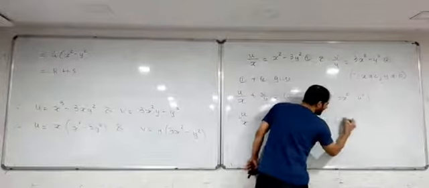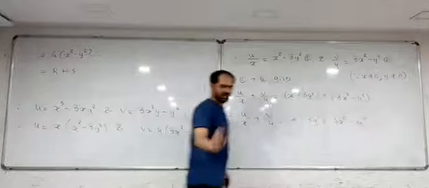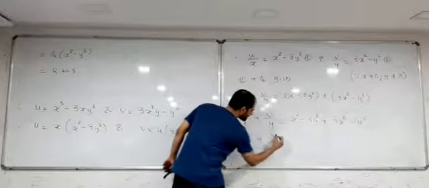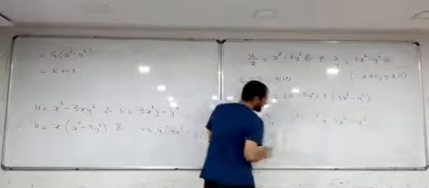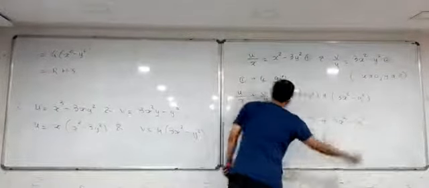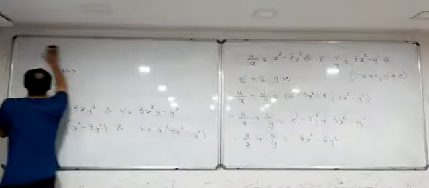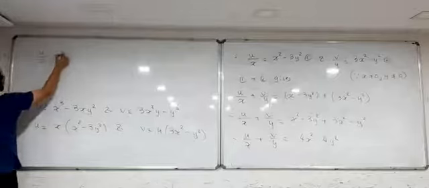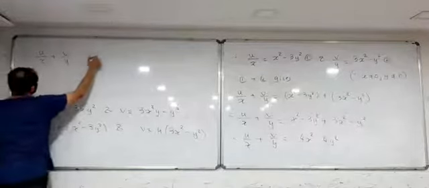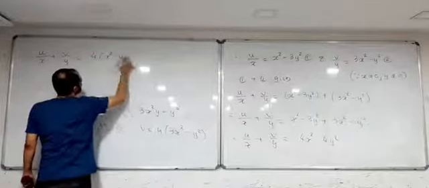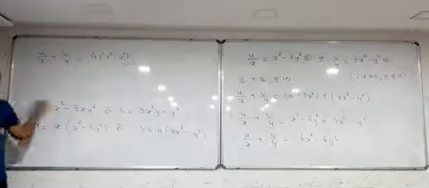But if you write the way I wrote earlier, the teacher will give you, okay, that is also correct. x square plus 3x square is 4x square minus 4y square. So u by x plus v by y is 4 times x square minus y square. True? Easy? Not at all tough.